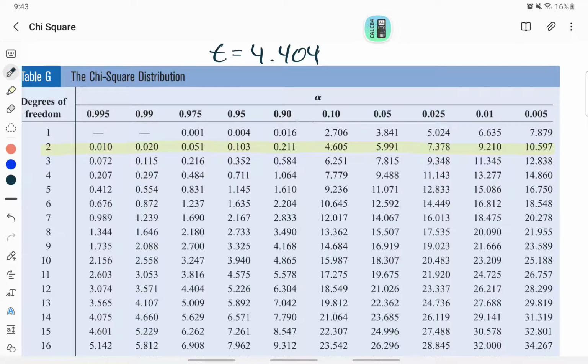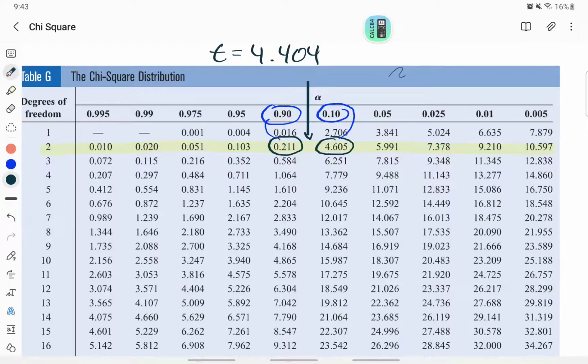Now, if you notice, 4.404 will be in between these values right here, between 0.0211 and between 4.605. Now, the alpha levels of each of those are right here.